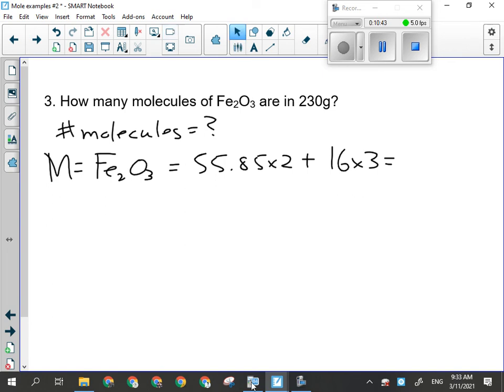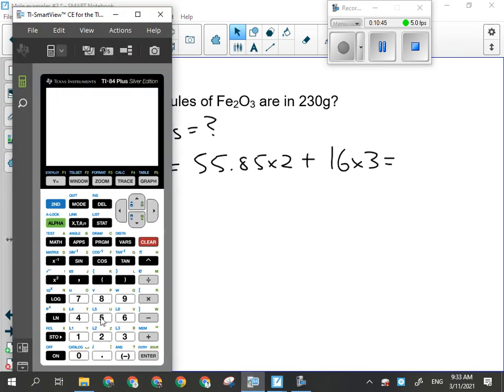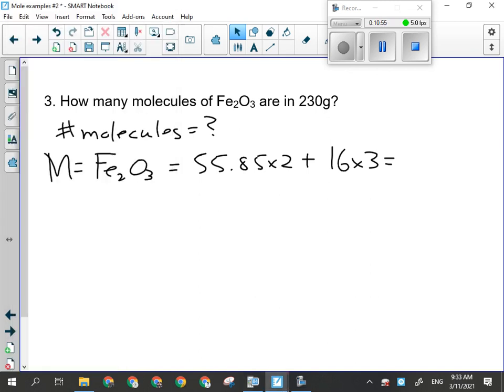So 55.85 times 2, plus 16 times 3. All right, so 159.7 grams per mole is going to be our molar mass for that. And they tell us the mass, 230 grams.